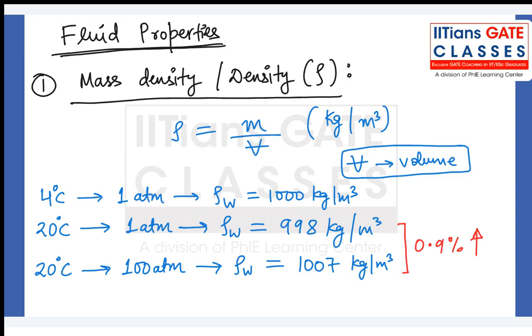So what do you say? Is this change in density significant or not? Should we consider this much change or can we neglect this part? 0.9%, and we are talking about water here.